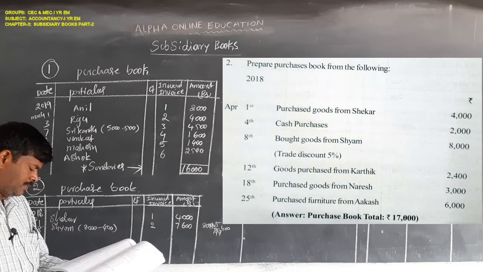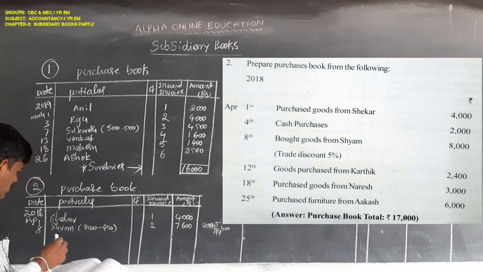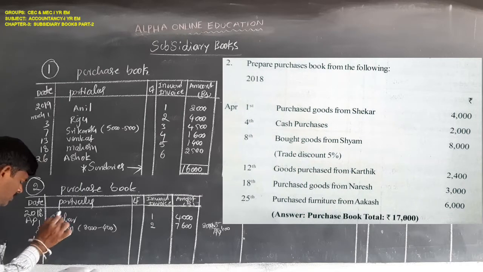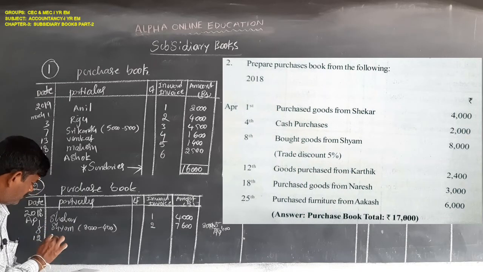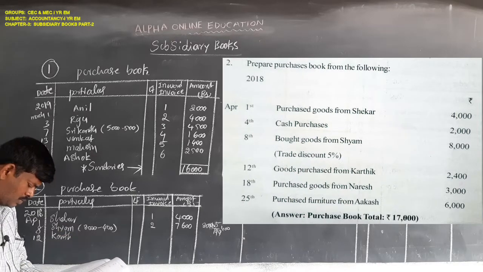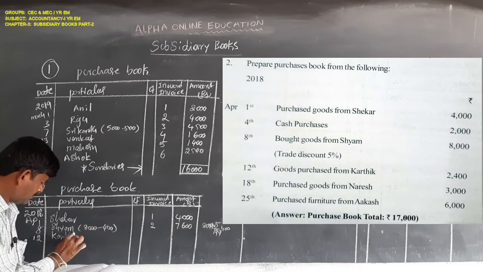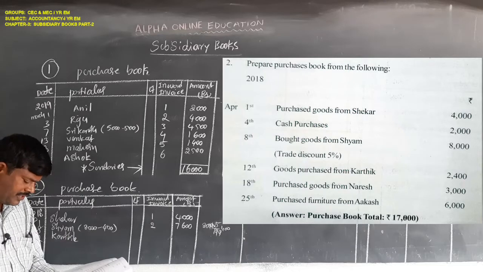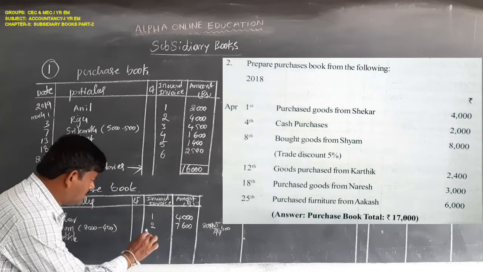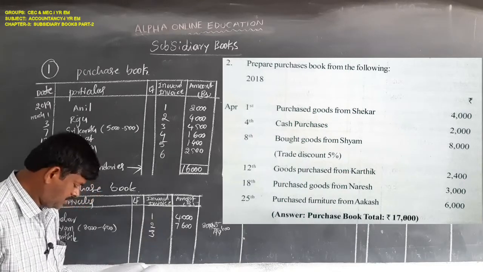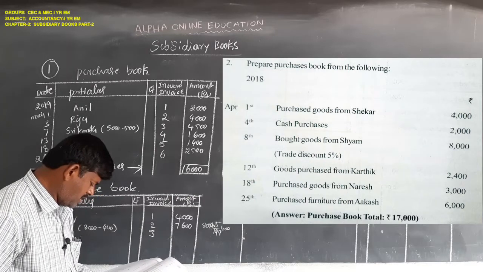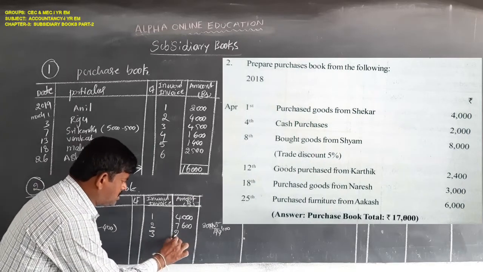Next, 12th, goods purchased from Karthik. 12th, to Karthik. There is no trade discount, so write directly amount 2400 rupees.